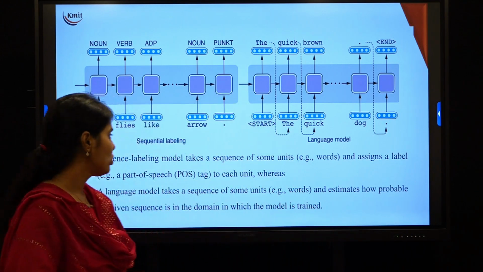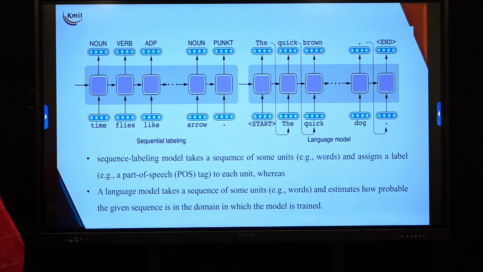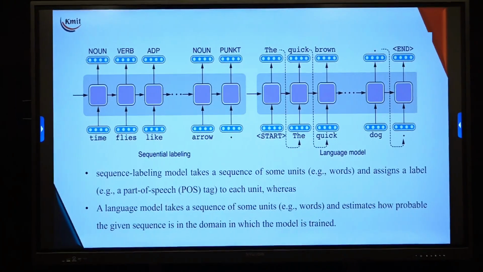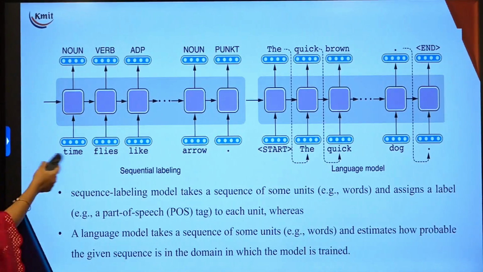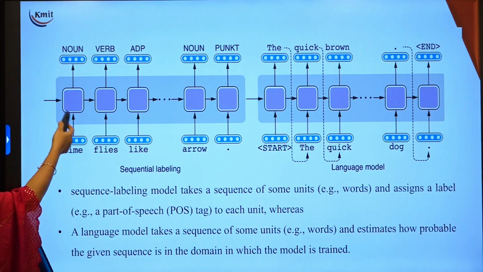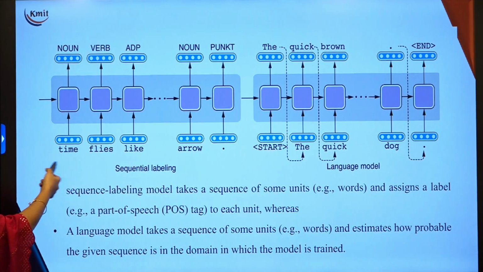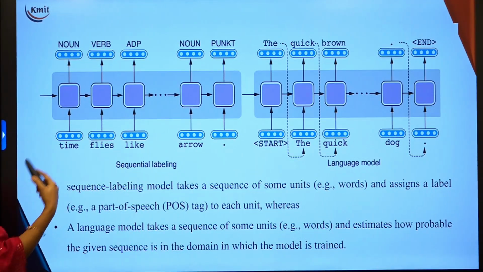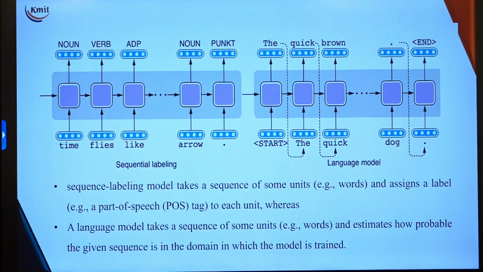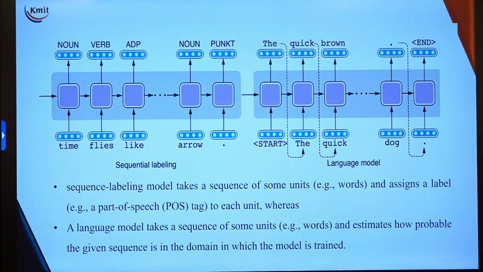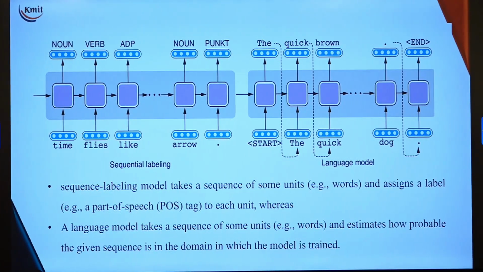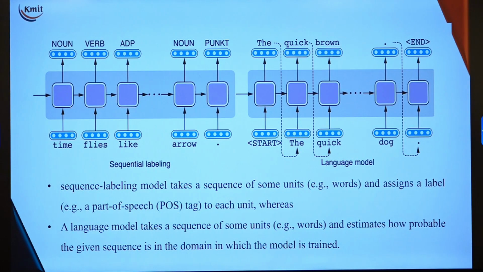When we looked into these two models separately, we saw that a sequence labeling model takes a sequence of units, that is, some words, and assigns labels: POS tags for POS tagging, or named entity labels for NER. A language model takes a sequence of words and estimates how probable the sequence is in the domain on which the model was trained.